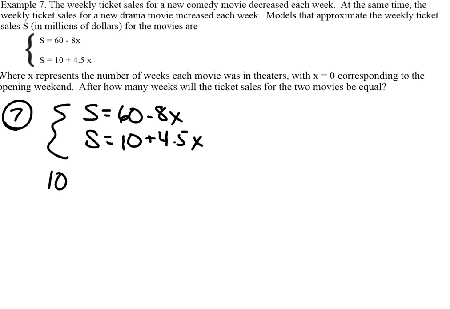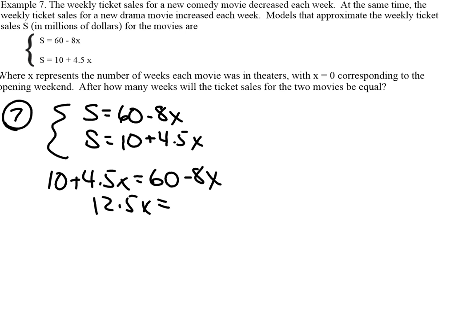And so 10 plus 4.5x equals 60 minus 8x. And when we add 8x, we get 12.5x. And we subtract 10, we get equals 50. And what is x equal to? 4.